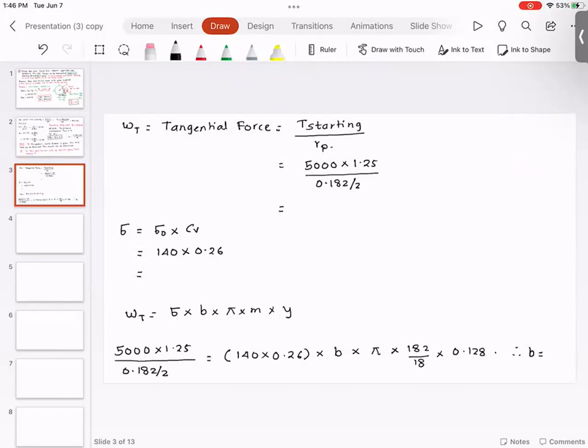Let's find out the value of B and tell me how much it is. It is about 480.